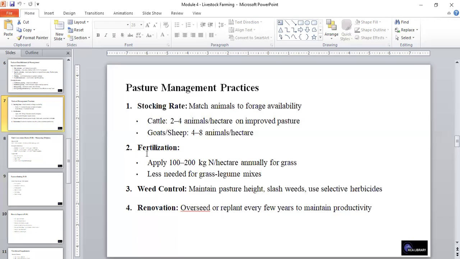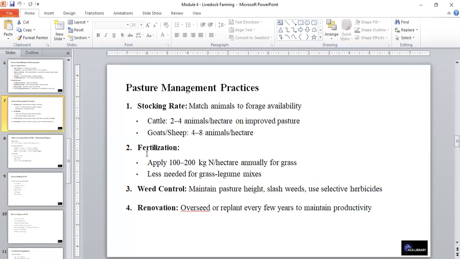Then fertilization: you need to apply 100 to 200 kilograms of nutrients per hectare, usually annually for grass. Fertilization is less needed for grass-legume mix.